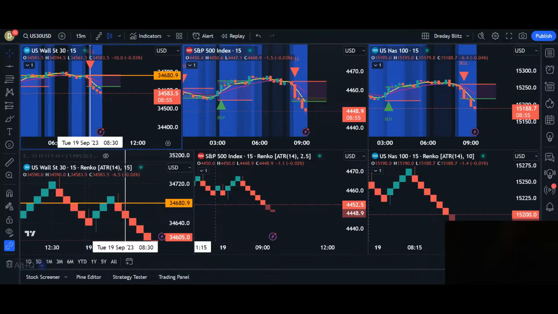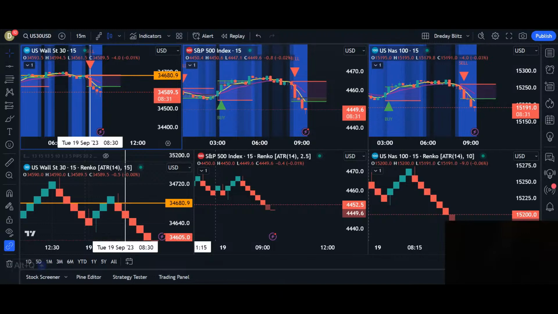If you're trading stocks, indices, metals, commodities, options, binary options, if you're a swing trader, a scalper, or a day trader, it will work on anything.